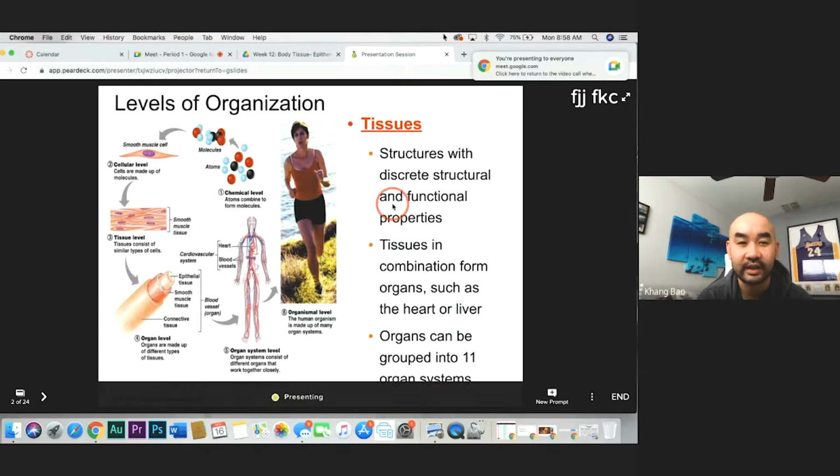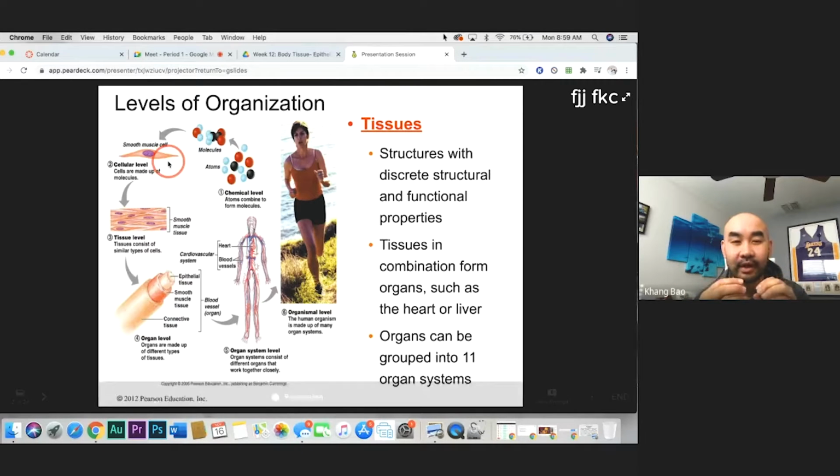So follow the note. All right, really quick before we talk about tissue, you gotta remember, the smallest things are chemical level, atoms. And when you have these atoms bond together, you get molecules. And then these molecules go on to create a cell. They make up a cell. And a cell is the smallest, the most basic part of a living thing. It's actually living.